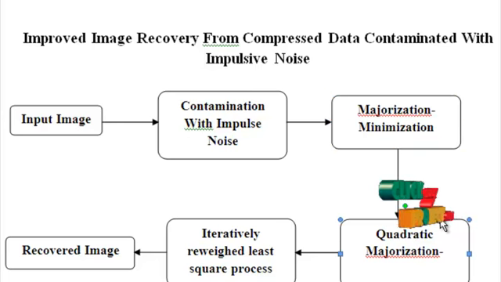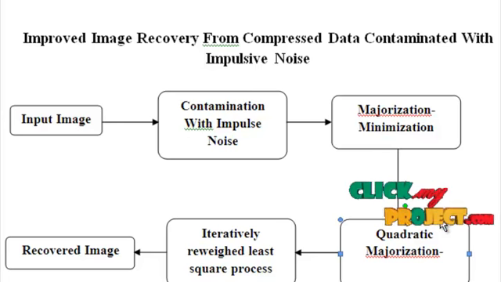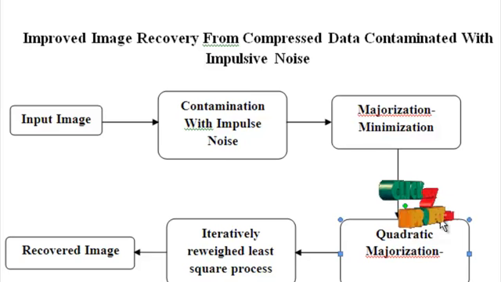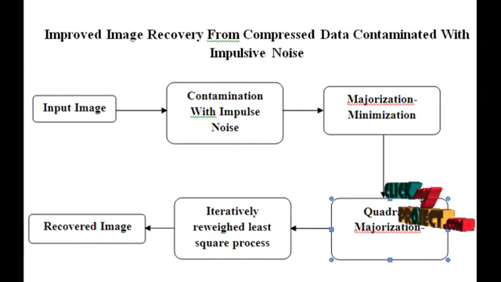Following this block comes quadratic majorization. The Huber penalty function rho has a quadratic behavior for small residuals and a linear behavior for large residuals, and its curvature at any point should not exceed the curvature of a quadratic function.